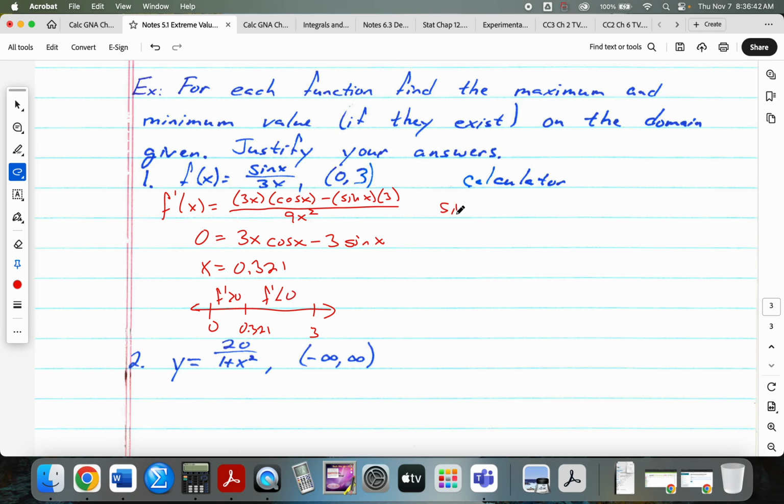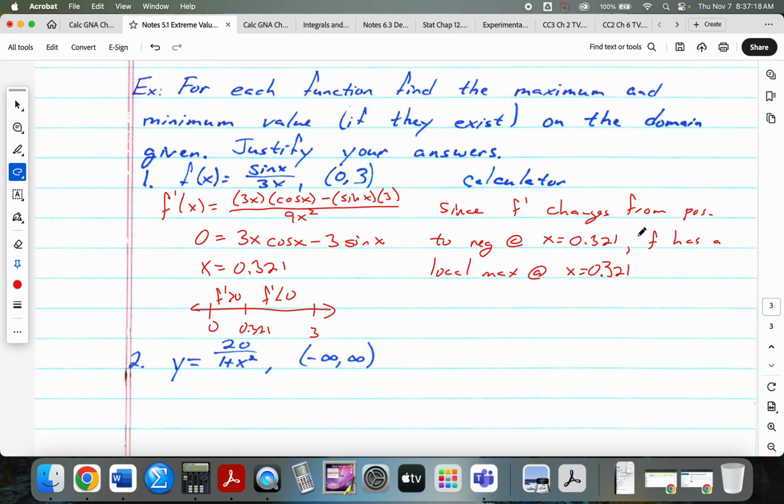So since f prime changes from positive to negative, at x is equal to 0.321, f has a local maximum at x equals 0.321. So make the local argument first, just like we've been doing.